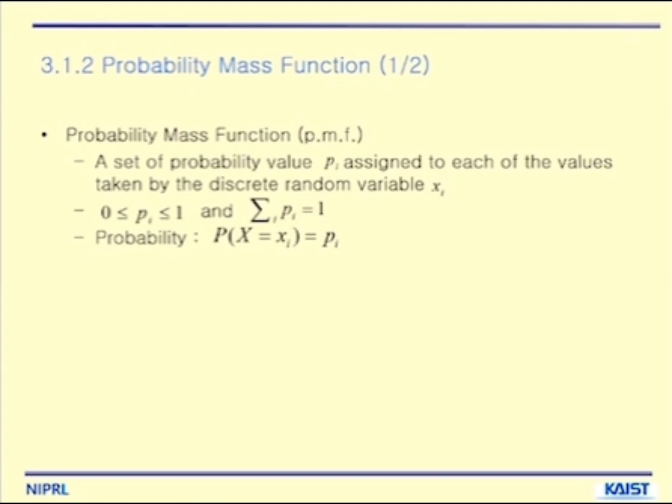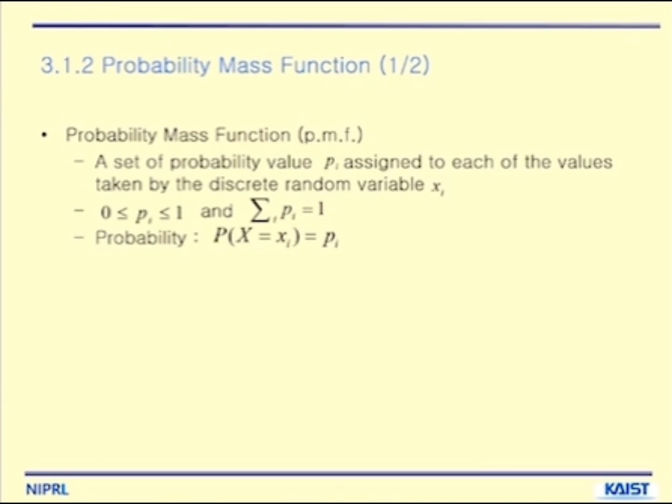and that was why I said a set of probability values P assigned to each of the values taken by a discrete random variable. What do I mean by that? When an event happens, then it has a probability of occurrence. Every event in life has its corresponding probability of occurring. Now, what does that mean? What is the range of this probability?